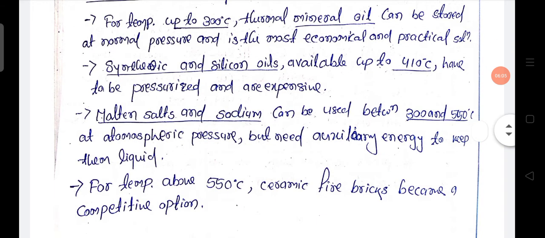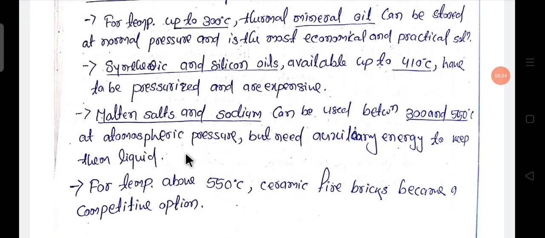Next is molten salt and sodium, which can be used between 300 and 550 degrees Celsius at atmospheric pressure, but they need auxiliary energy to keep them liquid.